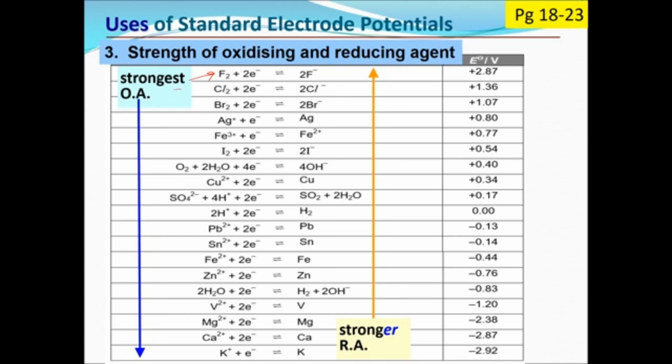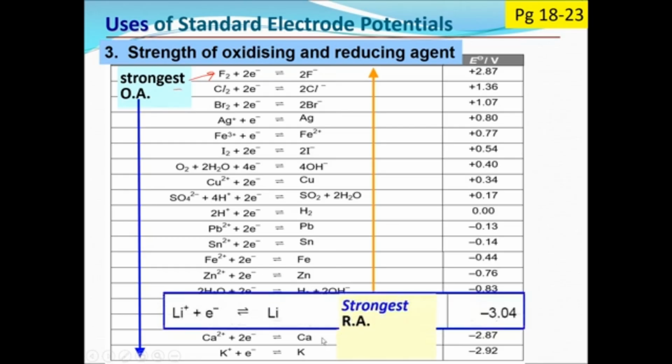Go look for it and see if you can find it in table 4a of your data booklet. If you do find it, you'll realize it is lithium metal. Hence our lithium ion batteries that we use on a day-to-day basis give a rather high potential difference. So go take a look at that in the table.